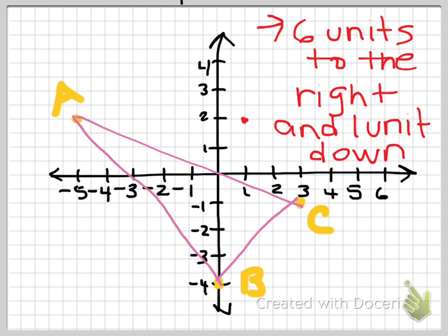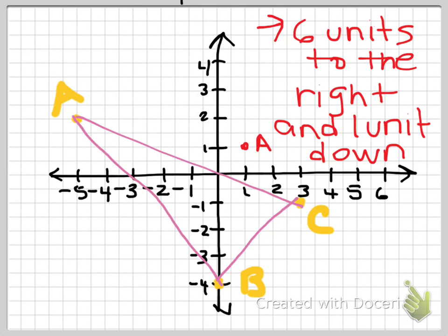Oh, I didn't even follow the directions myself. Once I've moved it 6 units to the right, we also needed to move it 1 unit down to the 1 on the y-axis. So this would be my new point for A.